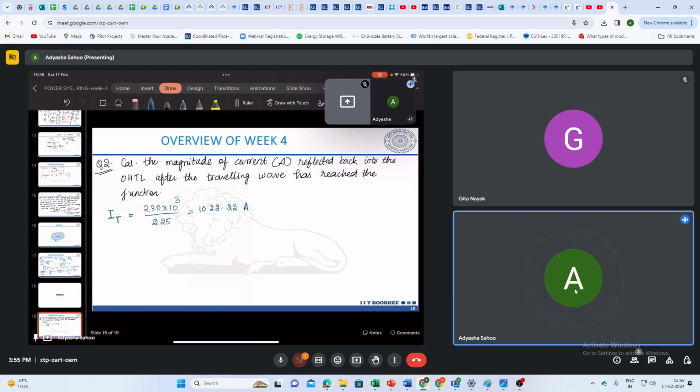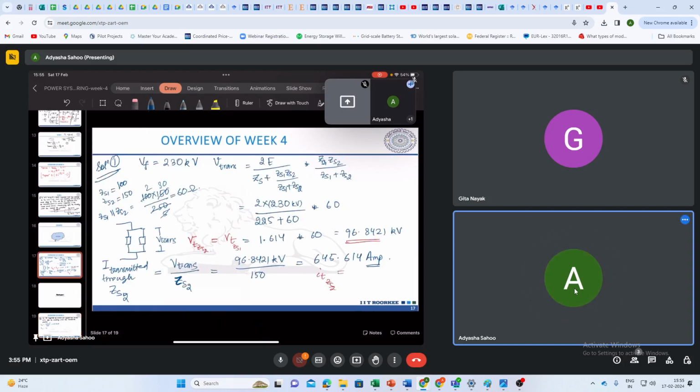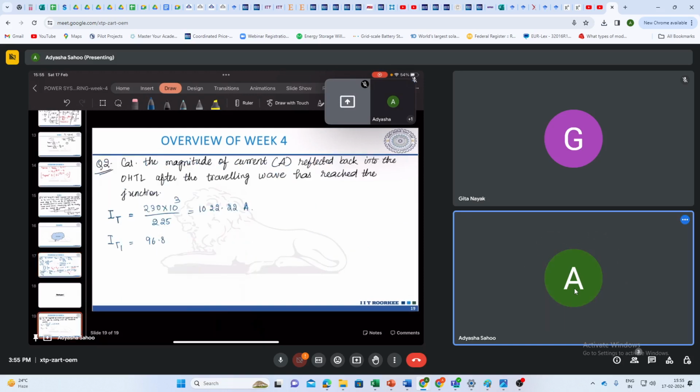And previously I calculated the transmitted voltage as 96.8421 kV, right? That was across 100 ohms.